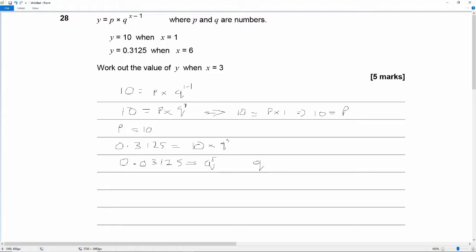So q is equal to the fifth root of 0.03125. So let's shove that in our calculator.